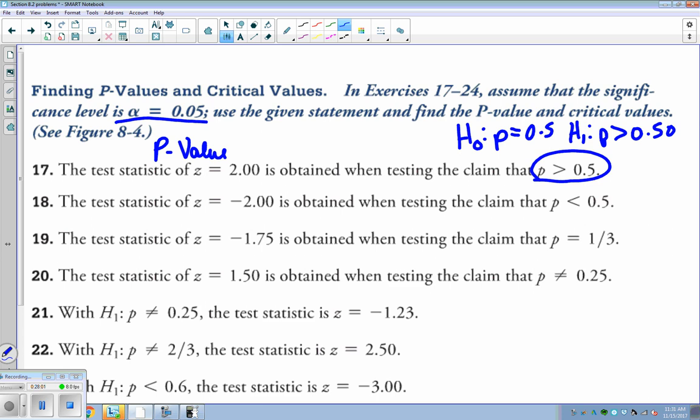So my p-value, we're going to find that p-value for when z is 2 or really bigger. So how am I going to do that? What is that really saying? We've done this since we started with the normal curve. It's just different terminology. Really, we're saying, what is the probability in that tail when my z is at 2?